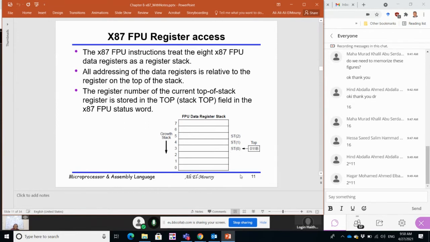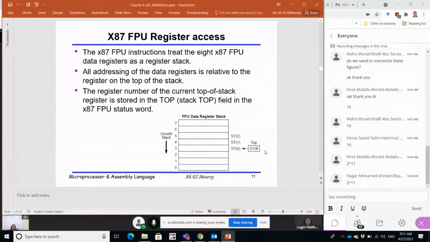What is a stack? It means I do the operations through pushes and pops, and I have a pointer which we call the top of the stack. This is different from the stack in the memory. This is not the stack segment in memory. This is a stack of data registers for the floating point. Agree? Okay. This stack grows backwards.